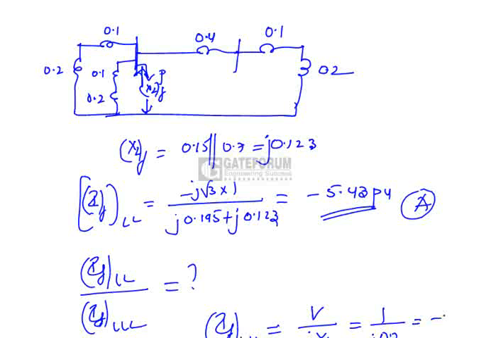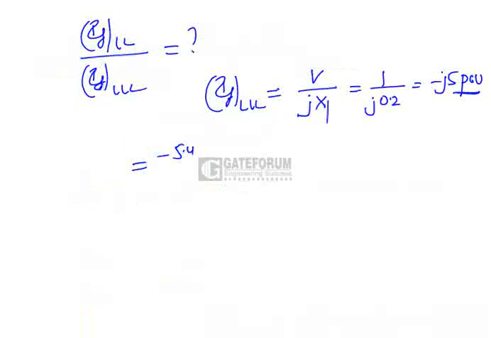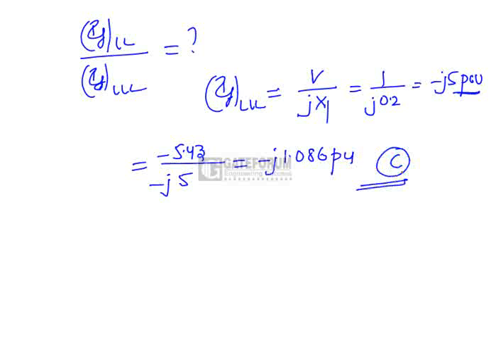This is given as minus J 5 per unit. Now what is the ratio here? This is minus 5.43 by minus J times of 5 per unit. We will get it as minus J times of 1.086 per unit, that is option C is the correct answer.